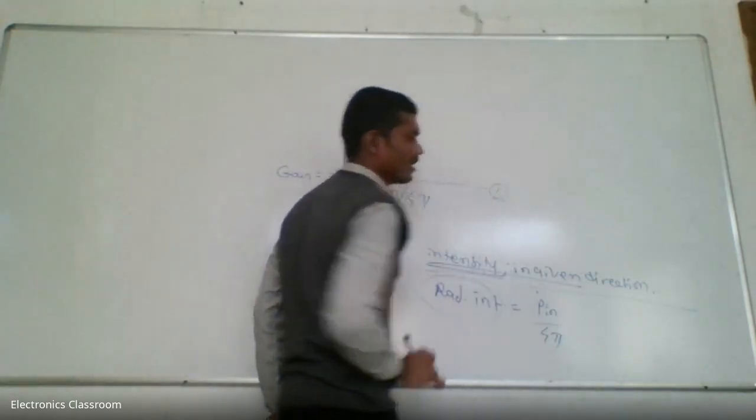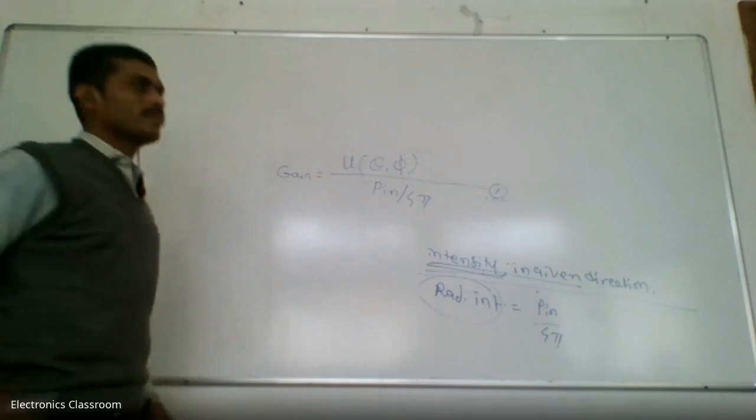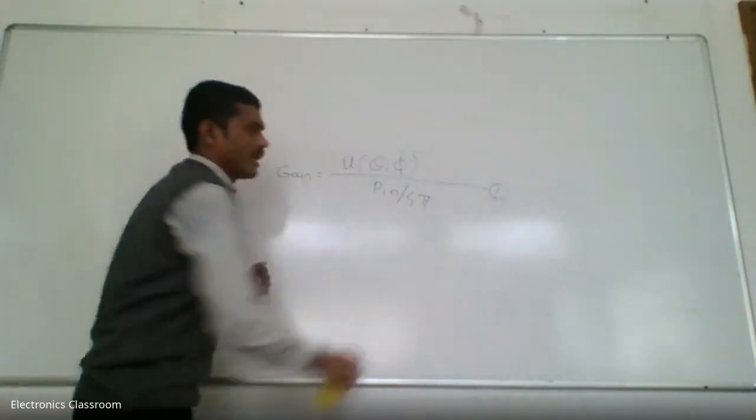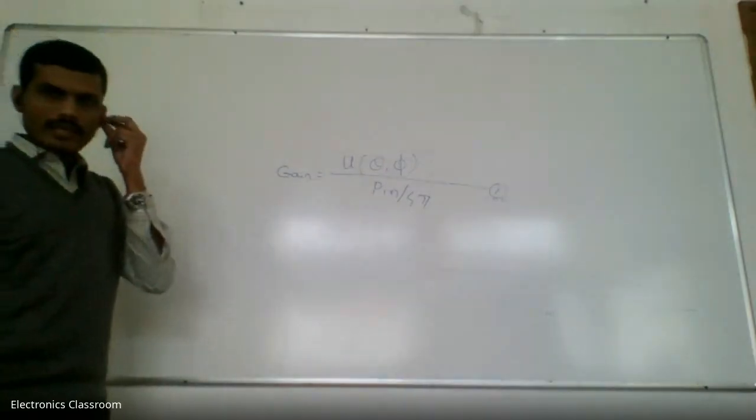So this is equation number 1 for the gain of the antenna. Is that clear?